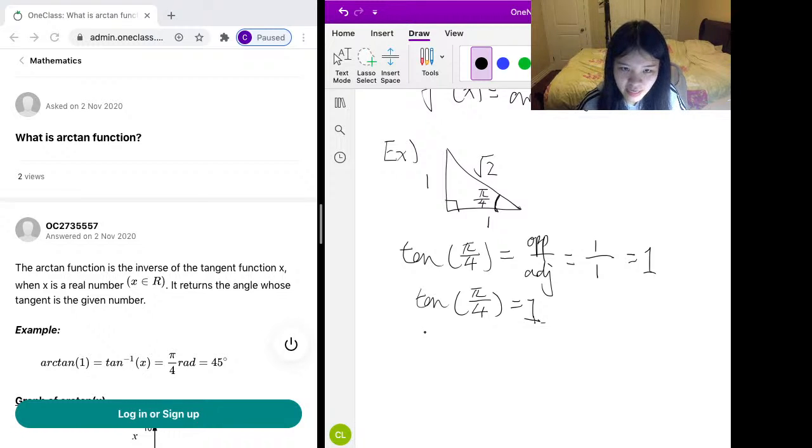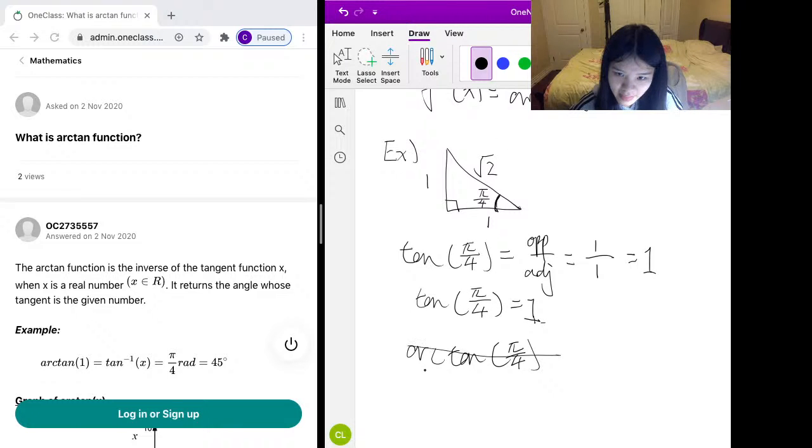So the arctan function actually returns the angle whose tangent is the given number. So we can't find the arctan of pi over 4.